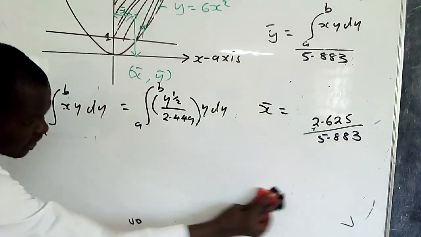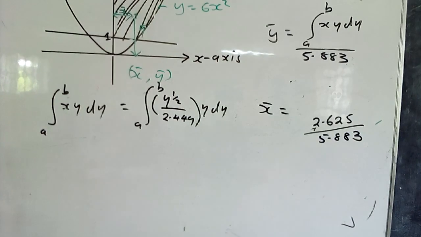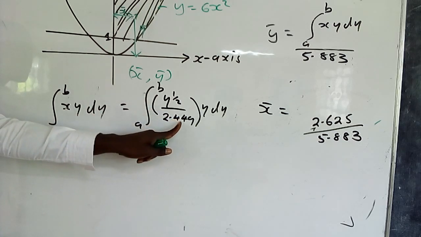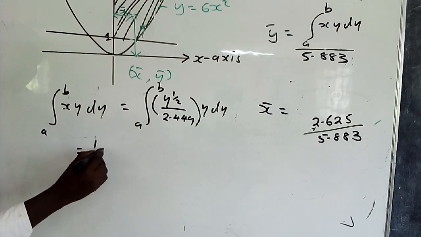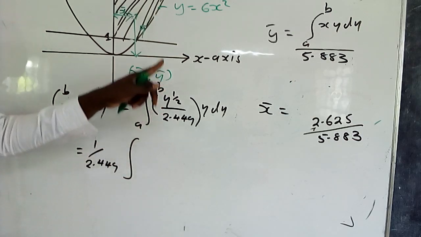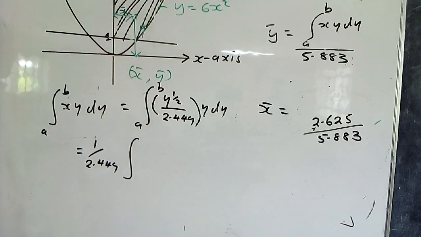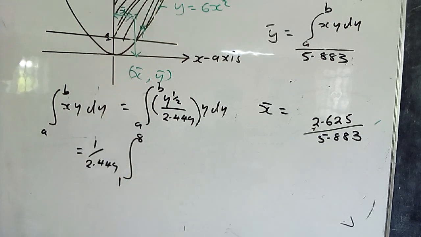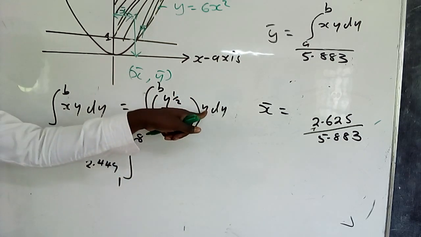Now after that, you just use the laws of indices to deal with that. Take the constant outside. You have 1 over 2.449. Then we are integrating from A to B. What are our limits? 1 to 8. Are we together? Then y raised to power half times y.